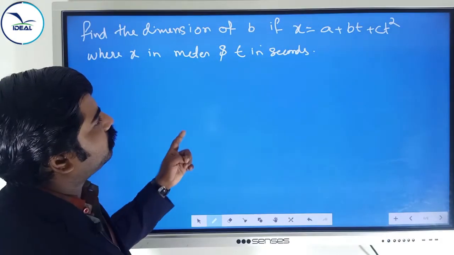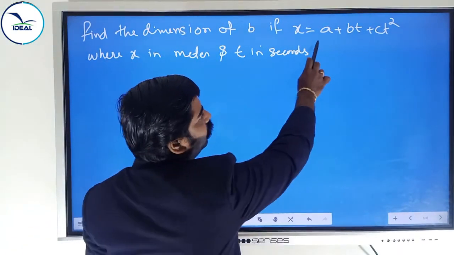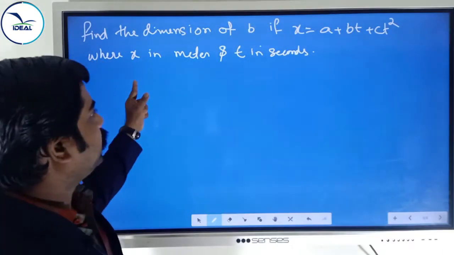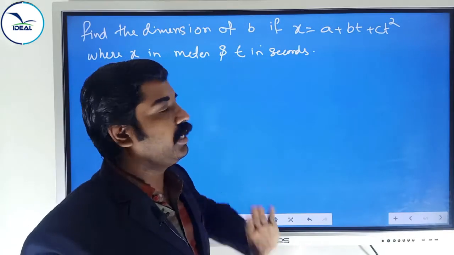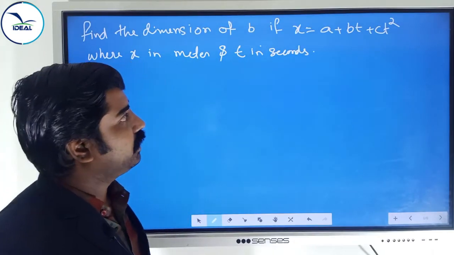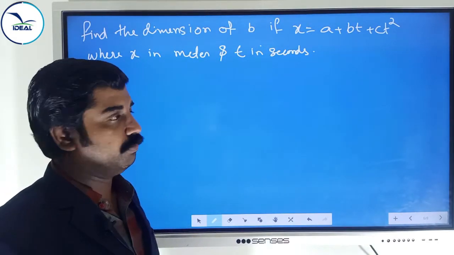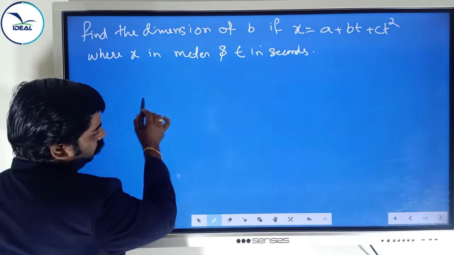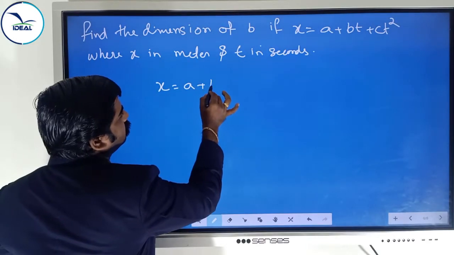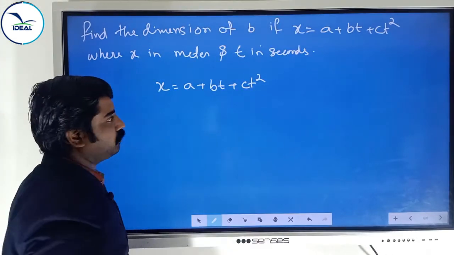Find the dimension of B. We want to find the dimension of B if x equal to a plus bt plus ct square, where x is in meters and t in seconds. So here we have x equal to a plus bt plus ct square.